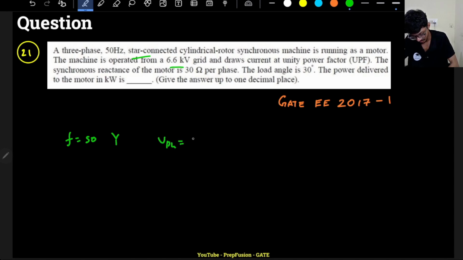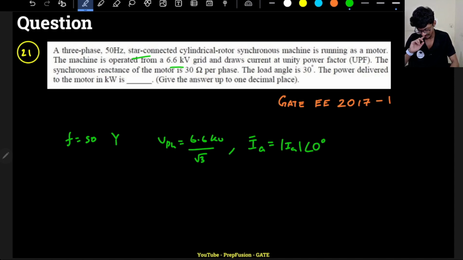So V per phase will be 6.6 kV divided by root 3, and it draws current at unity power factor. So IA bar will be IA magnitude at angle 0.